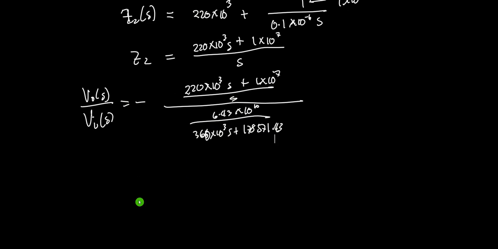And we can still simplify this. So V out over V in will be equal to negative, what do we have here?